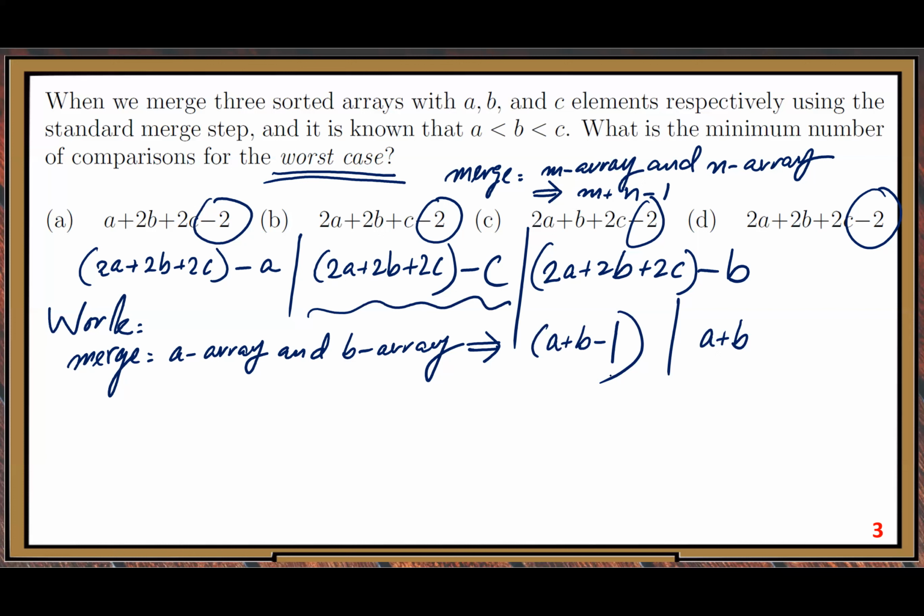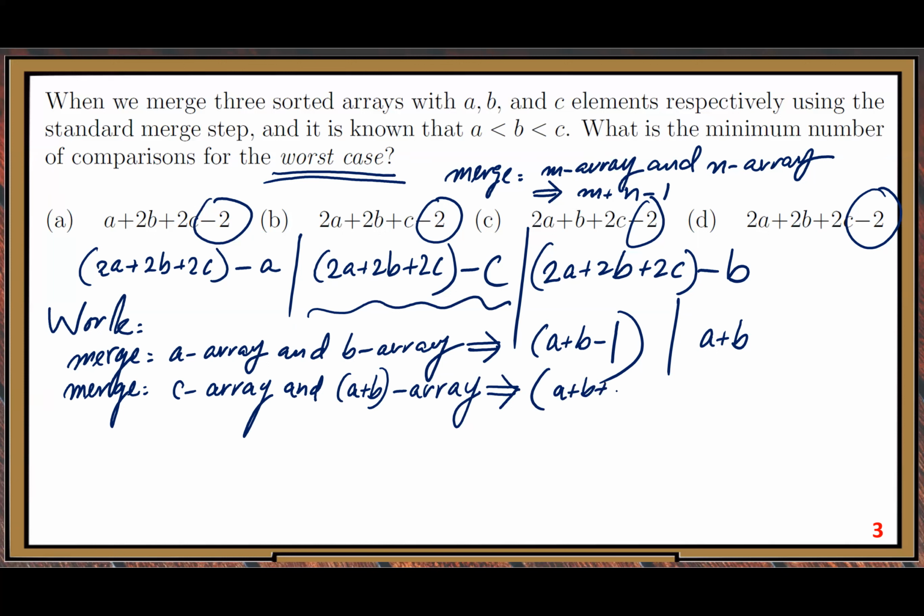Comparison. Then, next step, merge C array and A plus B array. Number of comparisons, total elements, A plus B plus C minus 1.